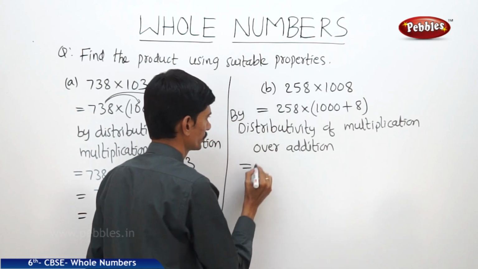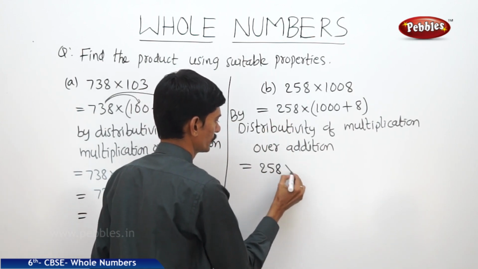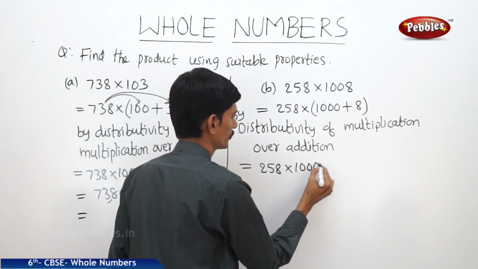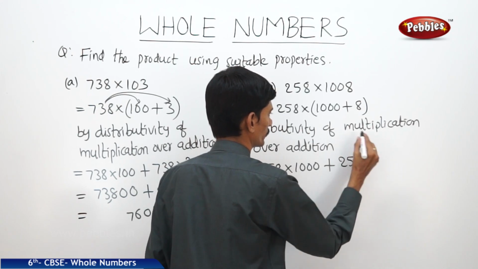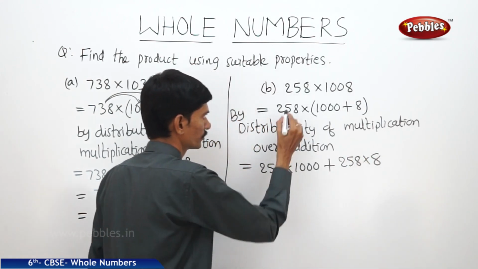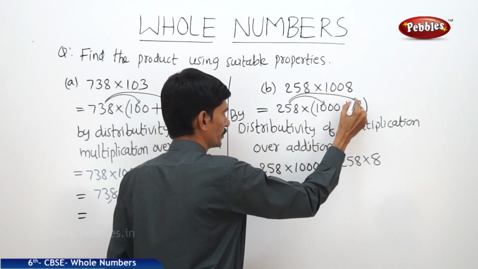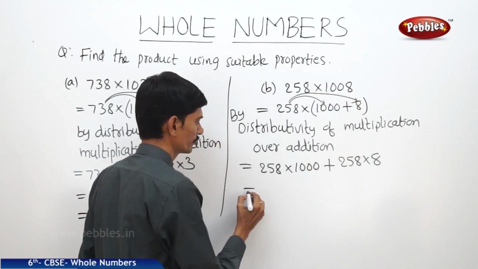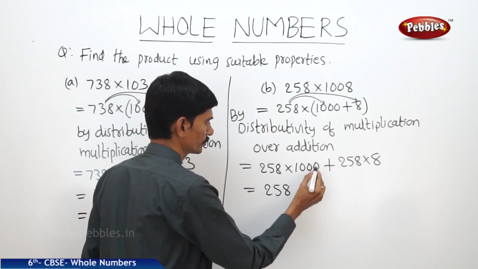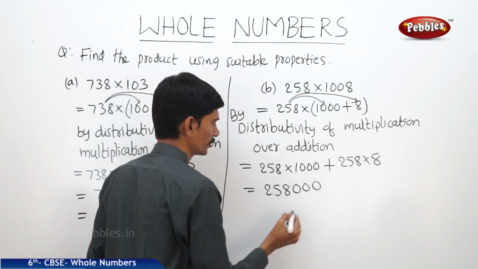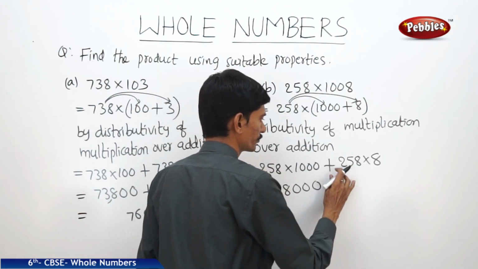So then we get 258 into 1000 plus 258 into 8. So 258 is multiplied by 1000 and multiplied by 8. So then we get 258 1s are 258, then 1 2 3 zeros, so it is 2,58,000 plus 258 into 8.